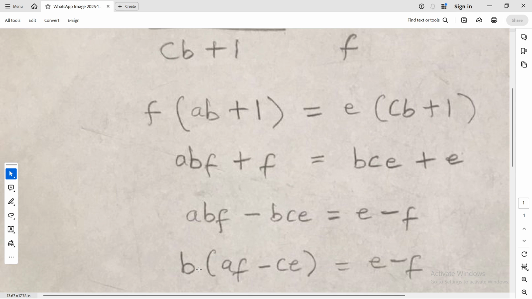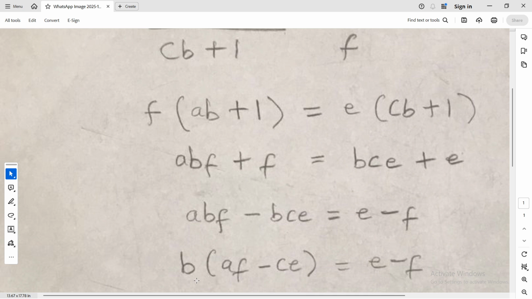What can multiply B for us to get negative BC? The only variable is negative CE. So we are going to have our new equation to be B multiplying, in brackets, AF minus CE, equals E minus F, right?